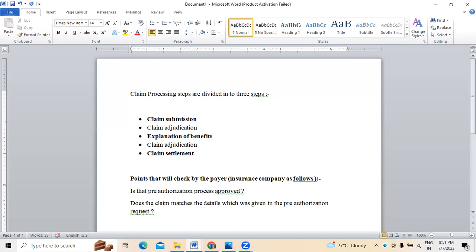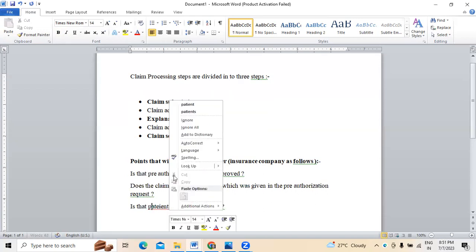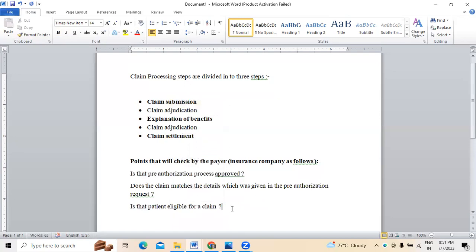Next point is whether the patient is eligible for a claim by any means. Is he eligible for a claim or not? We have to cross check that. Next, is there any duplication of claim or not?